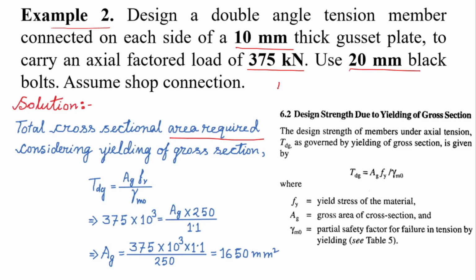Number 1, gross section yielding. Then net section rupture. And the third one is block shear.